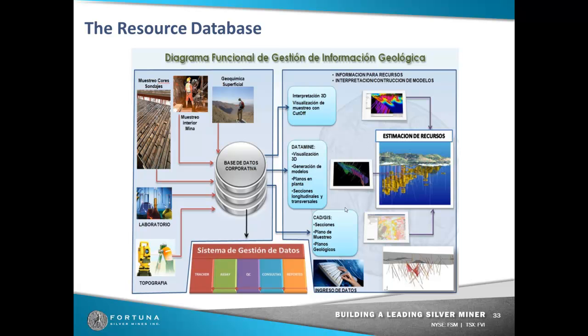We use additional software such as Datamine to do visualizations, 3D generation of models, and all the way through to their actual plans for the plant, and creating sections and long sections to check that our block modeling matches up with our input data.